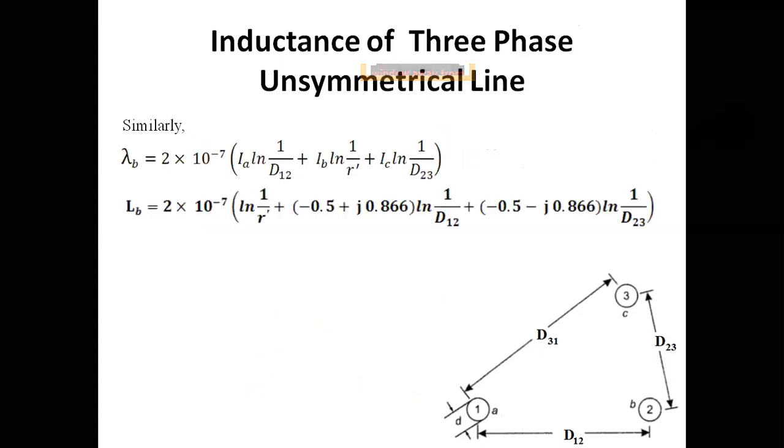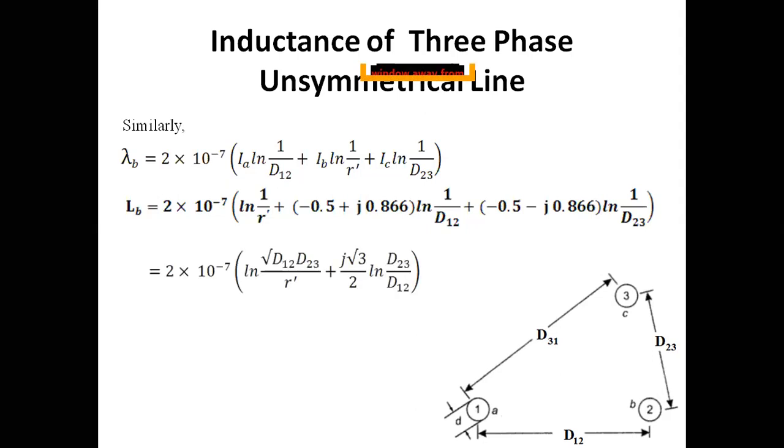So after taking alpha and alpha square operator, we get LB equals 2 into 10 to the power minus 7, ln 1 by r dash minus 0.5 plus 0.866 ln 1 by d12 plus minus 0.5 minus j 0.866 ln 1 by d23. In the similar fashion, ultimately we get the equation for LB, that is 2 into 10 to the power minus 7 ln square root of d12 d23 by r dash plus j root 3 by 2 ln d23 by d12. This will be the equation for LB.